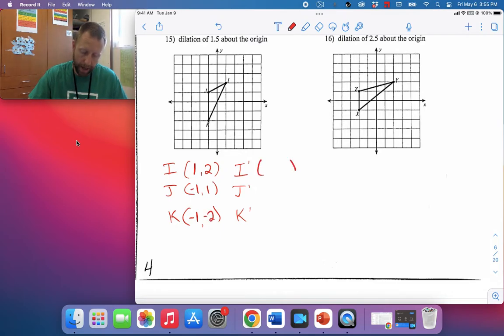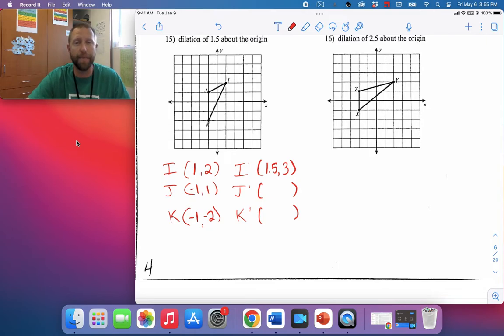So for my new points, I have to multiply every single number by 1.5. Well, that's easy because there are so many ones here, because 1 times anything is itself. So for I prime, 1 times 1.5 is 1.5, and 2 times 1.5 is 3.